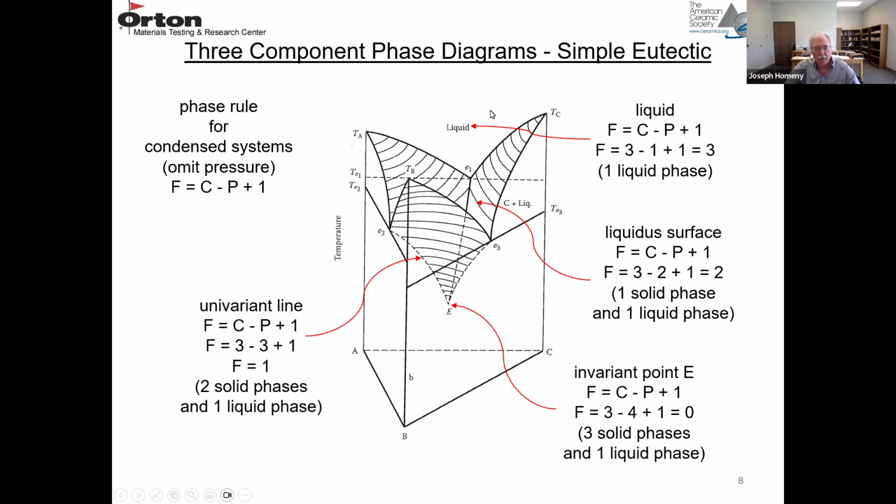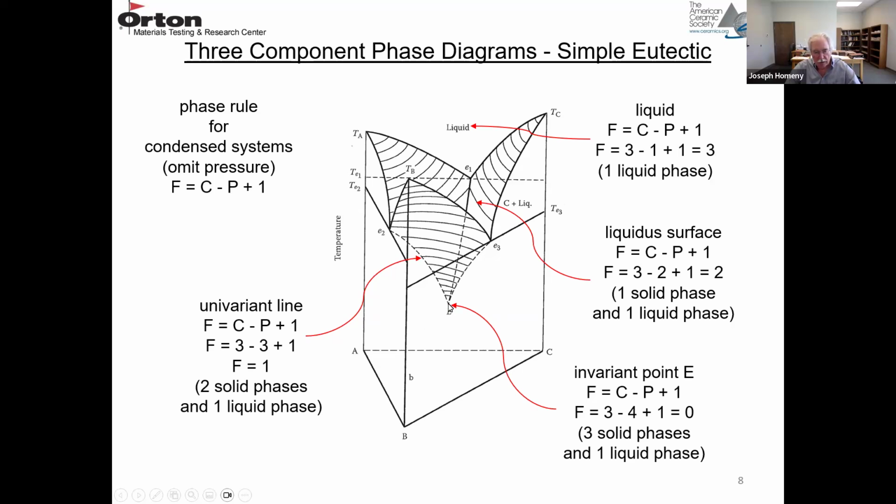So if we look at the liquid here, we only have one liquid phase. So the degrees of freedom equals 3. C is 3. There's always 3 components, A, B, and C, minus 1 phase, P. So 3 minus 1 plus 1 is 3. So it has 3 degrees of freedom and only one liquid phase.